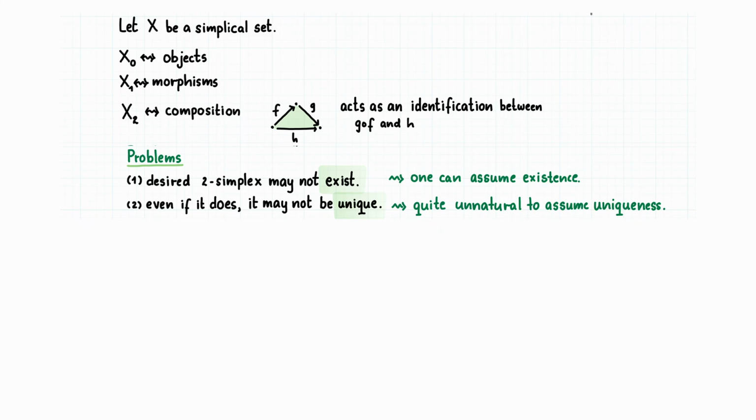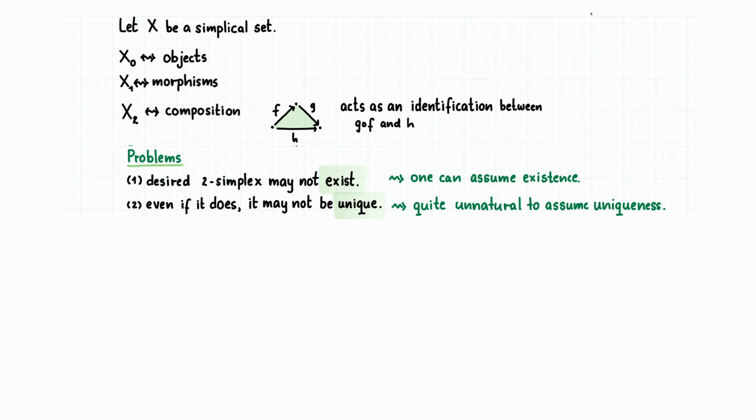Going 2 times or 3 times, there's no well-defined better way of doing the concatenation. So it's more natural to not assume uniqueness, but to have some way of identifying the instances of composition.